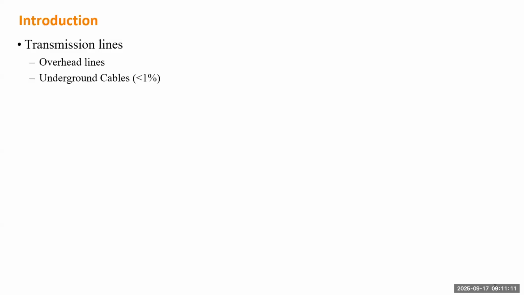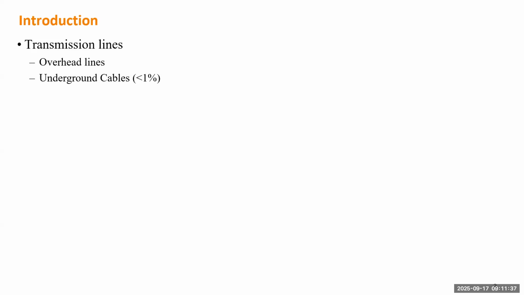Okay, so as an introduction, transmission lines have 2 types. The first one is called overhead lines. You can see those lines everywhere. And the second is underground cables. You may not recognize where those cables are. And usually they stay in the urban areas, definitely for the distribution lines, where there may be more underground cable.